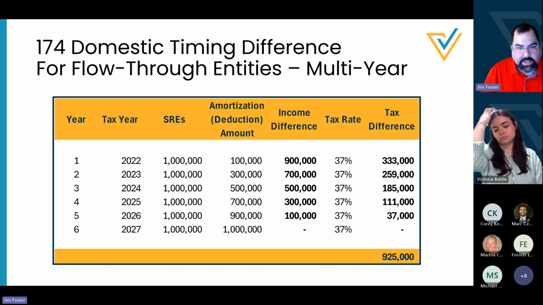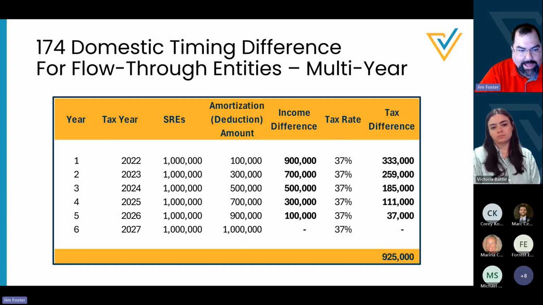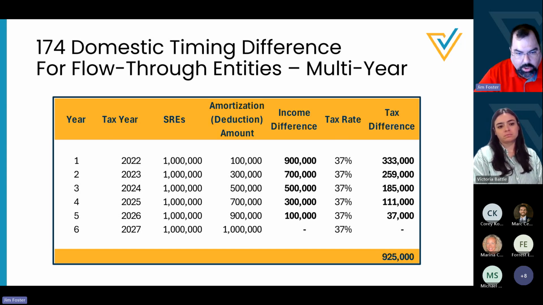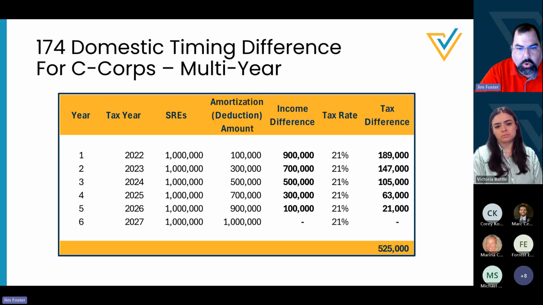After year 6, there's no income difference because you've caught up with the rolling amortization and your tax difference is nothing, provided that your SREs are staying constant. Now, in the real world, most companies, if they're growing, continue increasing their R&E activities, which means this isn't even true. It's going to be even worse than this situation. For C Corps, it's 525,000 over the first 6 years. Still painful.